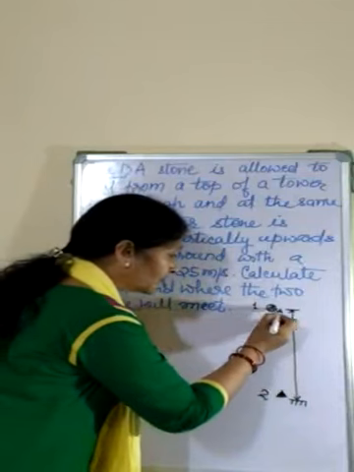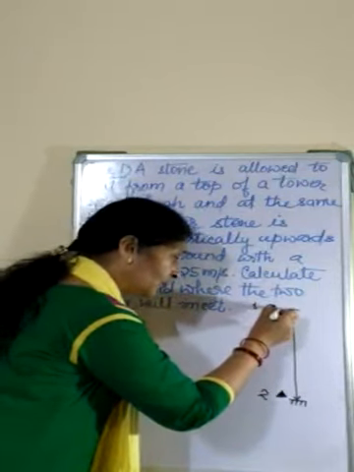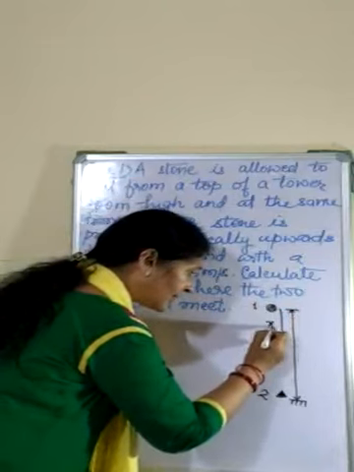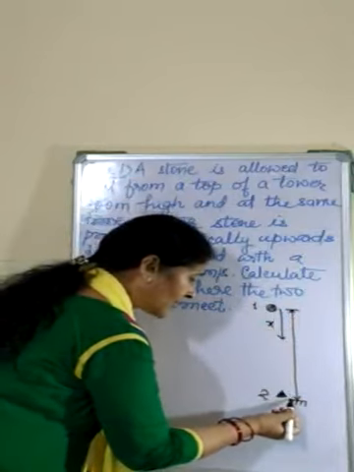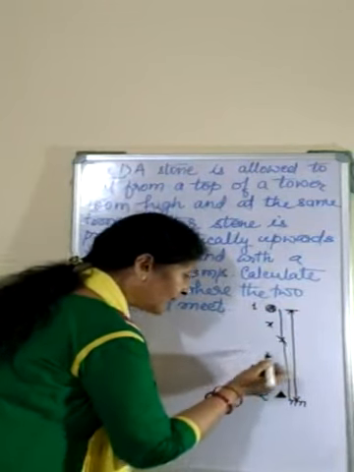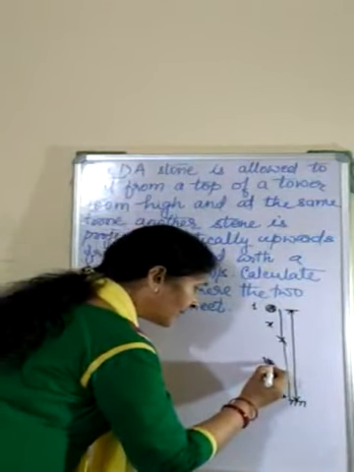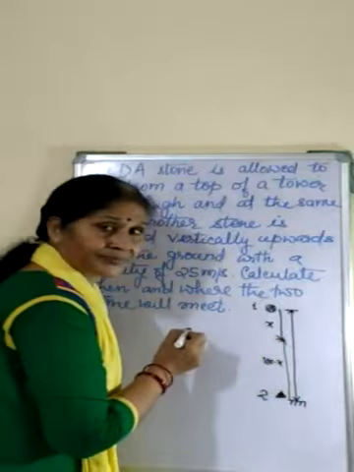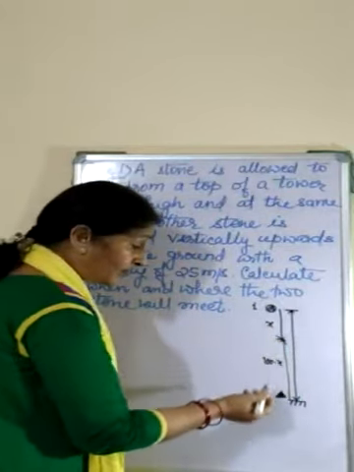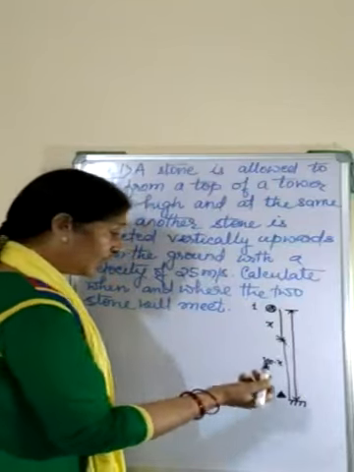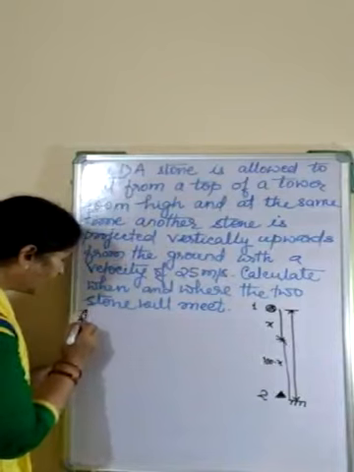Assume the stone first travels the distance x and the stone second also travels a distance. What is left? 100 minus x. And here they met. On this basis only you can solve the problem. Now let us see how we will solve after this.